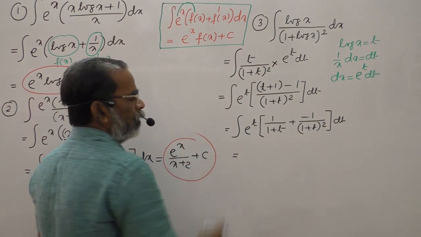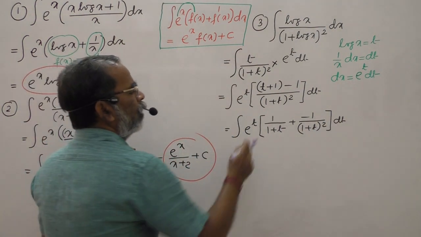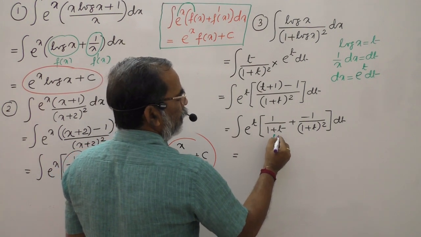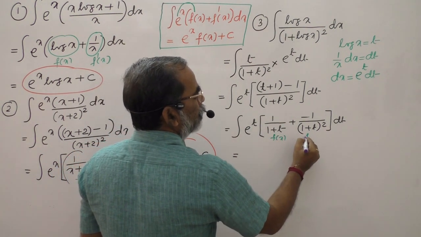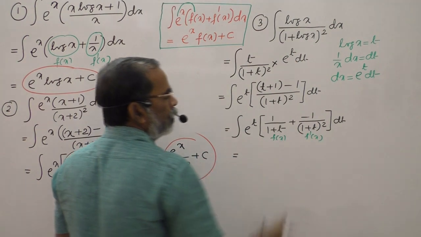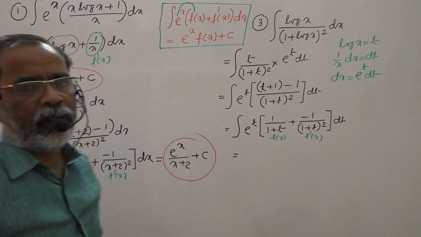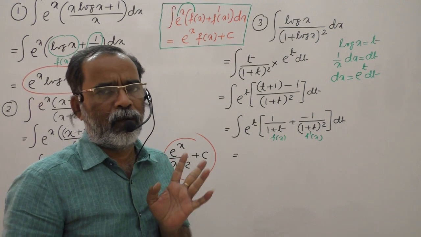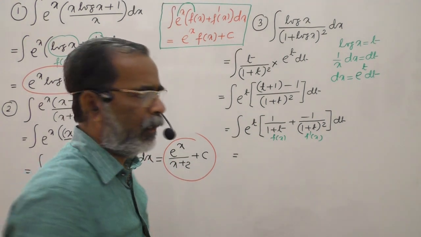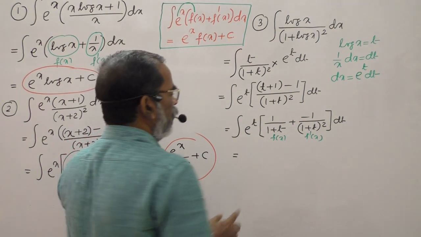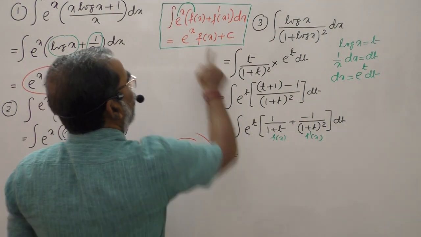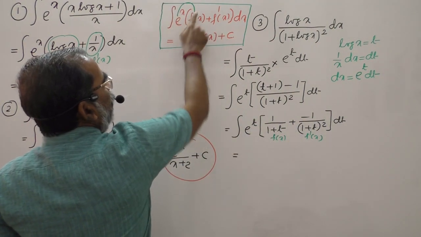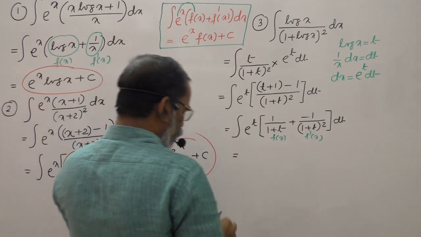Yes. What is this? Again it is 1 by x is f of x, minus 1 by x square is f dash x. 1 plus t is linear, you can apply, and whose derivative is 1 only, nothing to multiply and divide. So it is e power x into f of x plus f dash x. Answer is just the product of these two.